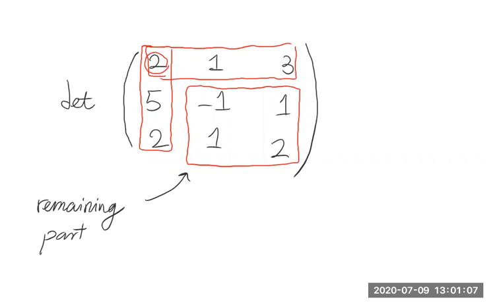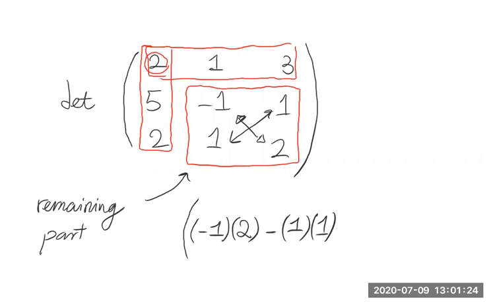Compute the determinant of this remaining part. Okay, I know how to do that. Determinant of this remaining part is -1 times 2 minus 1 times 1, right? What is that? It's -2 minus 1, it's -3.